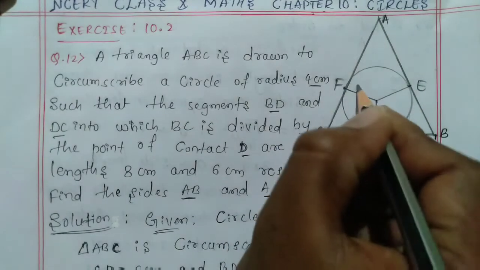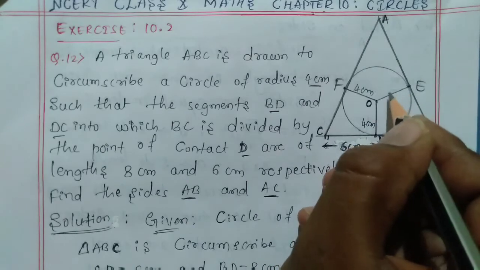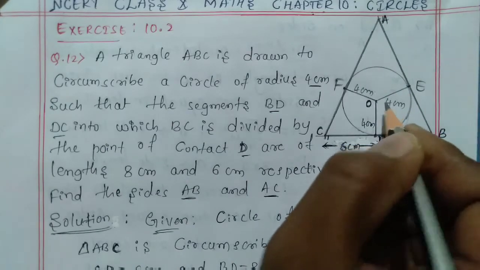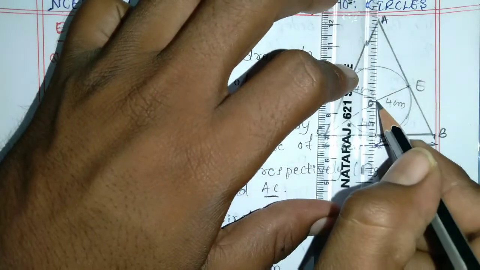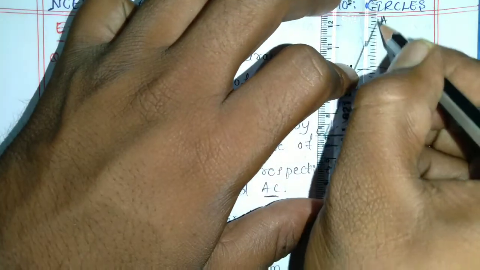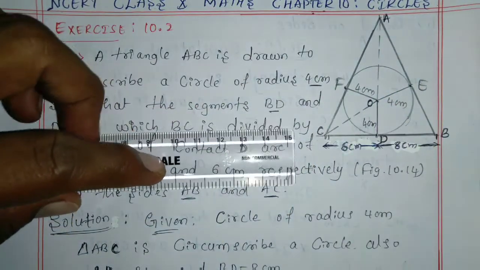Here OF is also 4 centimeter because this is also a radius, and OE is also 4 centimeter because this is a radius. Also I will join OA, and also I will join OB.